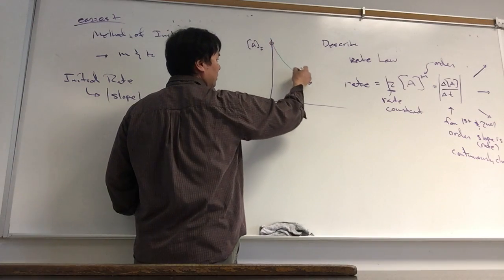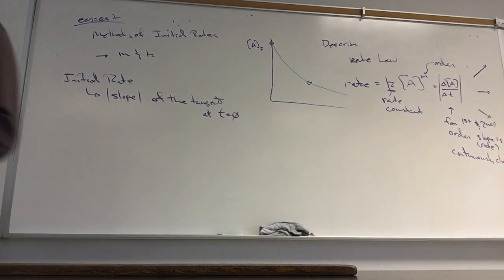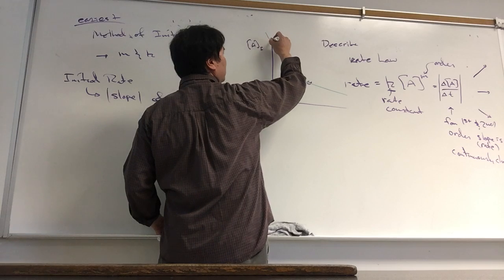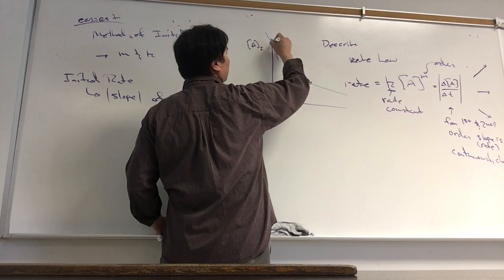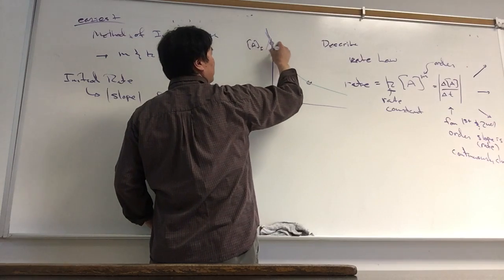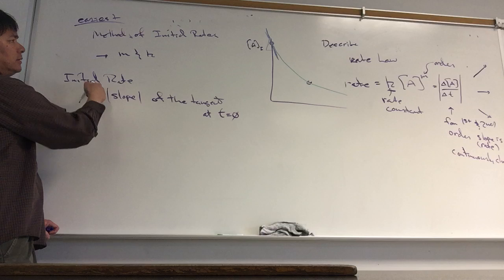It could be very rapid and slow down. So what we'll do is we'll just draw a tangent line at time 0 and say, okay, this is how steep it is right at the beginning of the reaction. If we take the slope of this, it's going to come out negative. So if we take the absolute value, it's going to give us the rate.